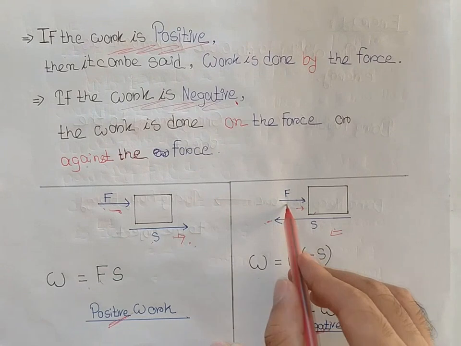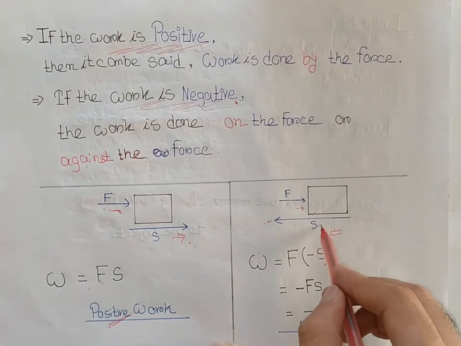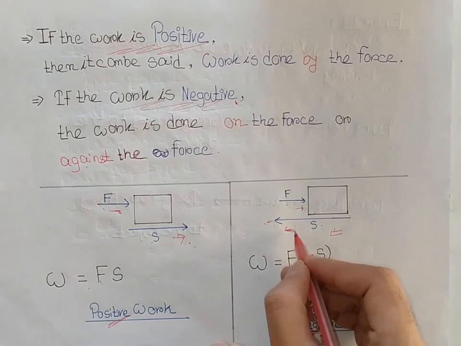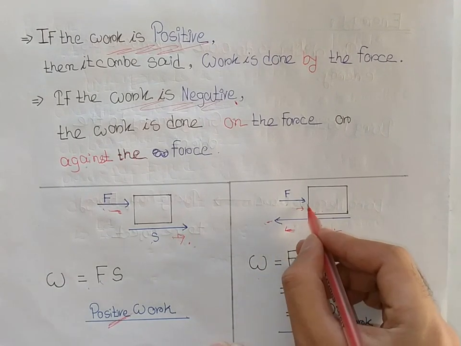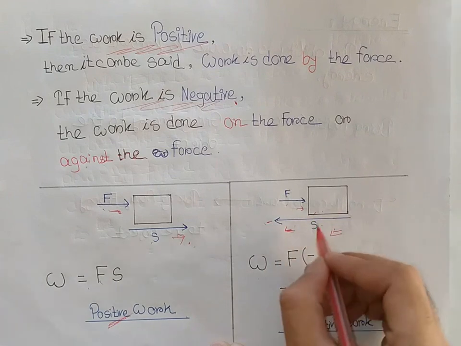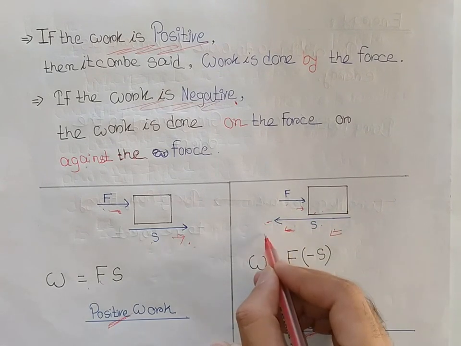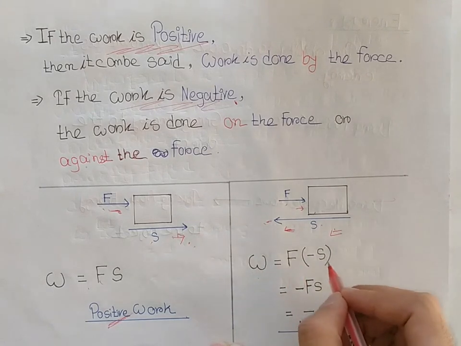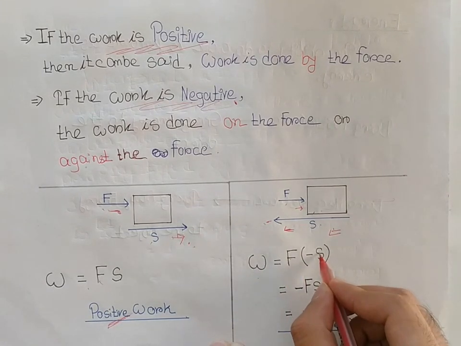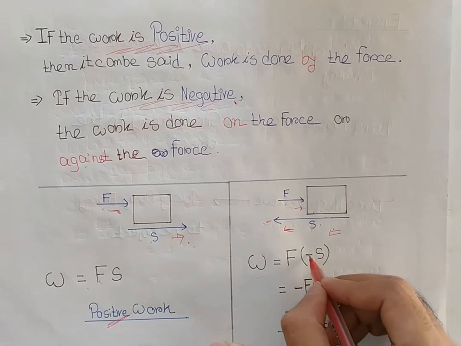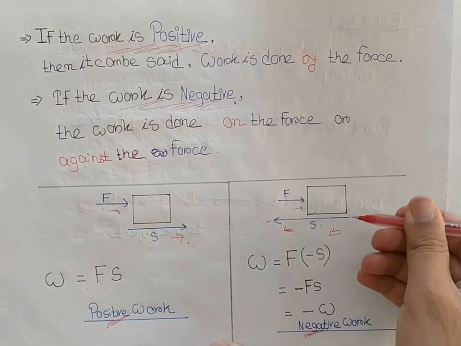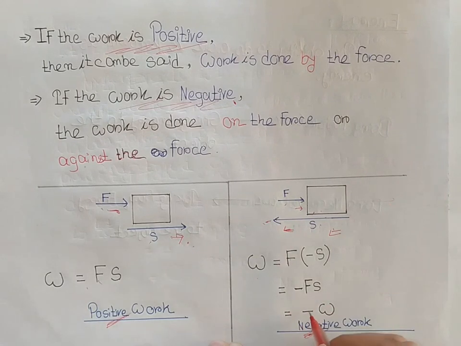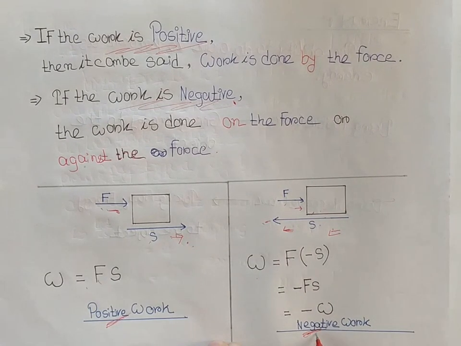When force is applied in a direction and displacement occurs exactly in opposite direction. Here force is applied in this direction and displacement is occurring in this direction. So work done equals to force into displacement. The displacement here will be negative as the direction is opposite to the direction of force and work is negative. That means it is a negative work.